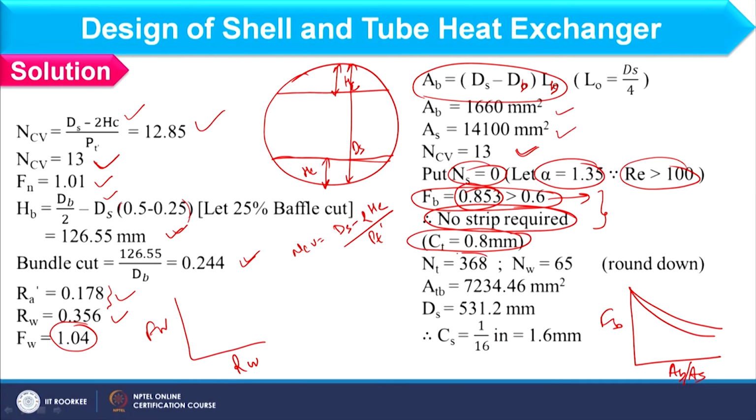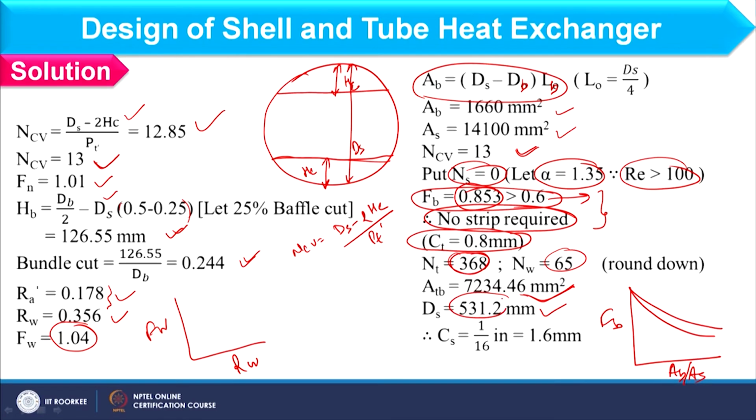We have total number of tubes as 368, and NW we can find out as 65, and ATB you can consider as 7234.46 mm square. Shell diameter is already given to you.